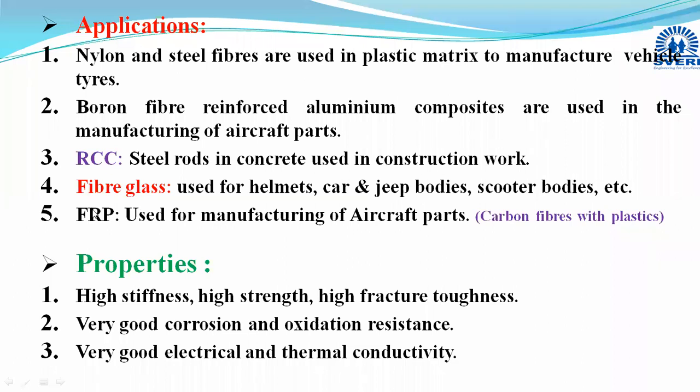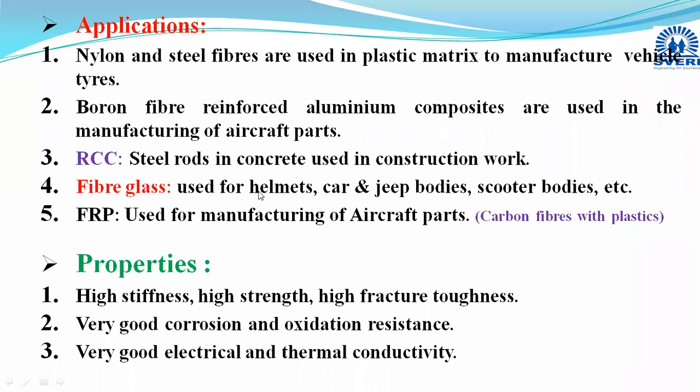Then fiberglass. In plastic material, fiberglass is nothing but glass fibers added to the plastic, and they provide strength due to those glass fibers. These fiberglasses are used in the manufacturing of helmets.